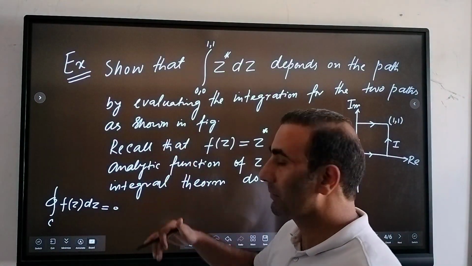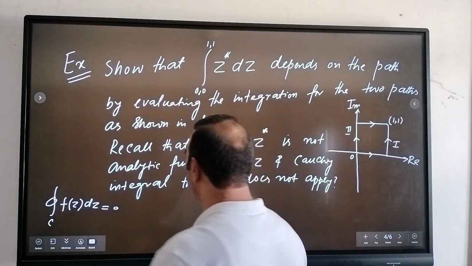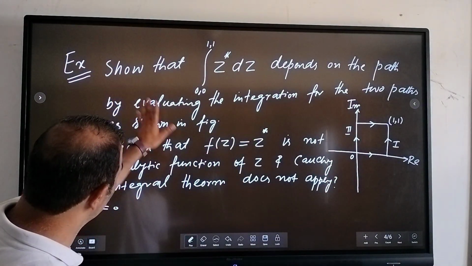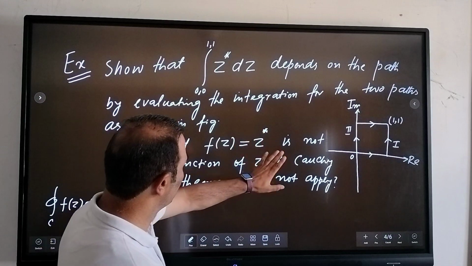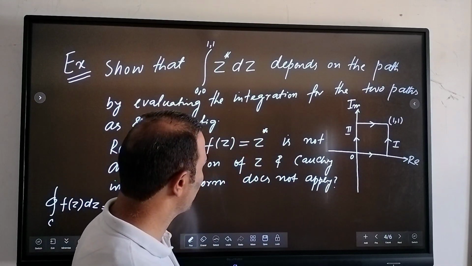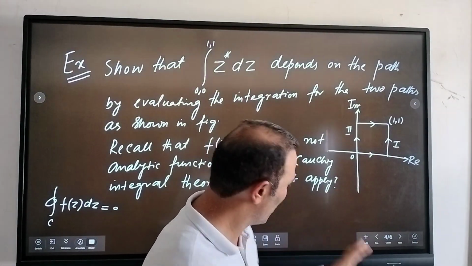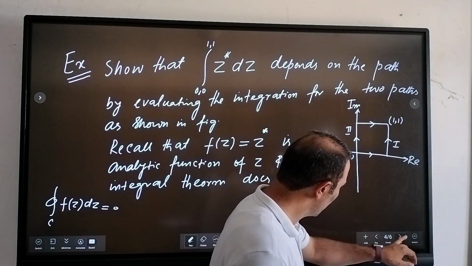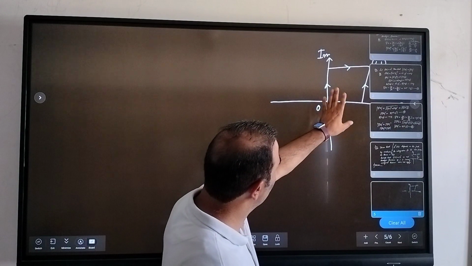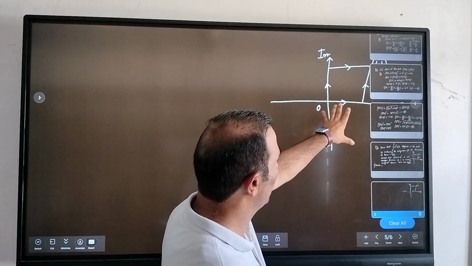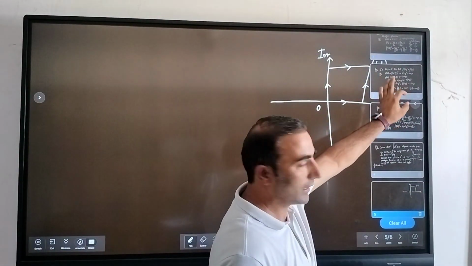So this is one of the problems from the Cauchy integral theorem, right? We need to evaluate this integral, and the condition is like this. We have f of z equal to z star, which is not an analytic function of z, and the Cauchy integral theorem does not apply, right? So we need to check that. Let us suppose we have our complex plane, and these are our points, right? And we need to integrate.